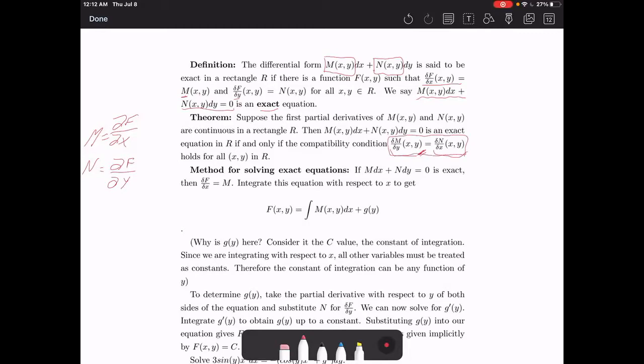Well, let's take M and take its partial derivative with respect to y. So partial M partial y is equal to... Then we'll do the same for N.